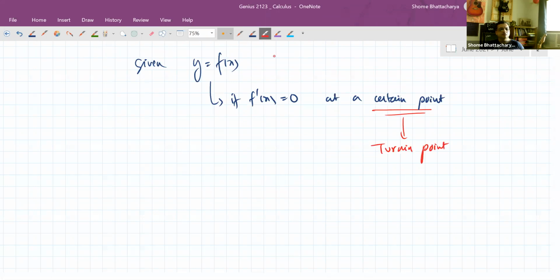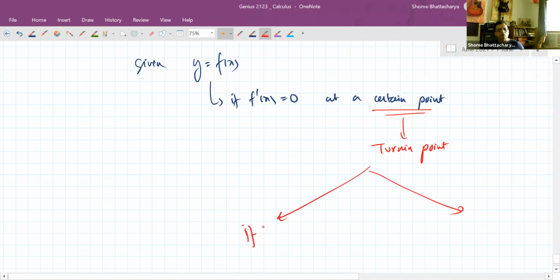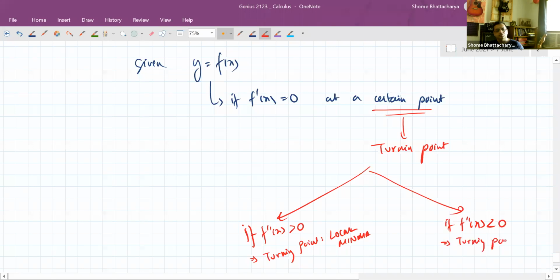But further, if f double prime x is positive, then that turning point is a local minima. And if f double prime x is less than 0, then that turning point is a local maximum.